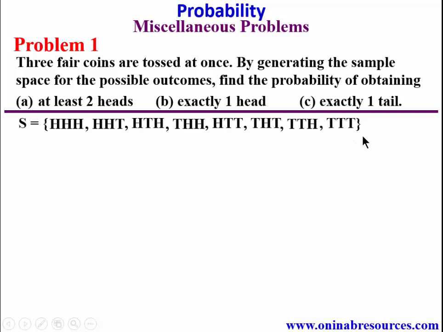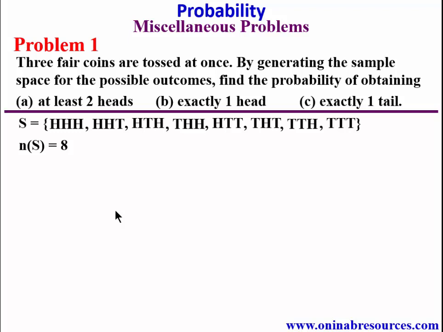So we have the set. These are the possible outcomes for tossing 3 fair coins, or it is still the same thing when you toss a coin 3 times, you still have the same possible outcomes. Now N of S is 8. Since the coin has 2 faces and it is being tossed 3 times, it is 2 raised to the power 3, which gives 8.